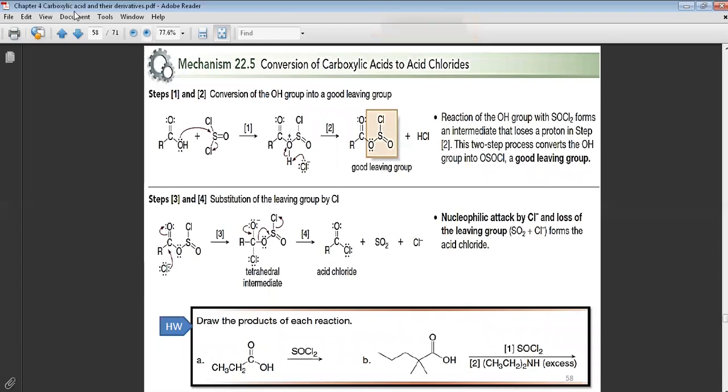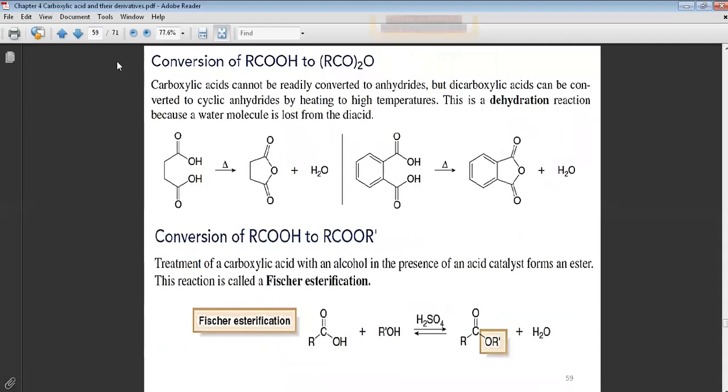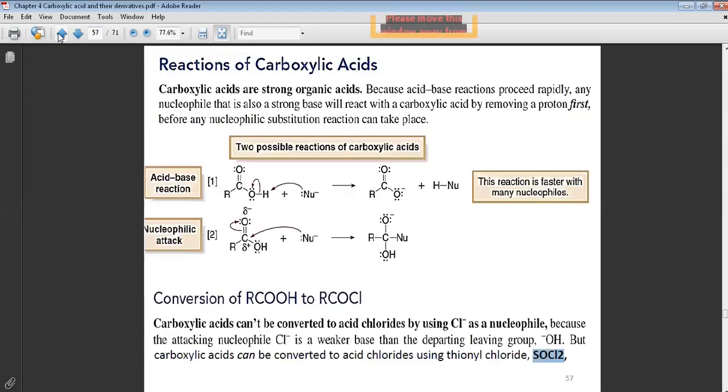Less reactive. Where is here? A less reactive one can be converted to a more reactive one by special reactions. This carboxylic acid can be converted to the more reactive one by special reactions, not by nucleophilic attack, but by a special reaction with a special reagent.